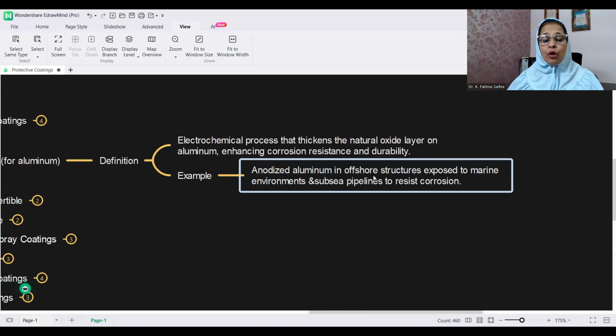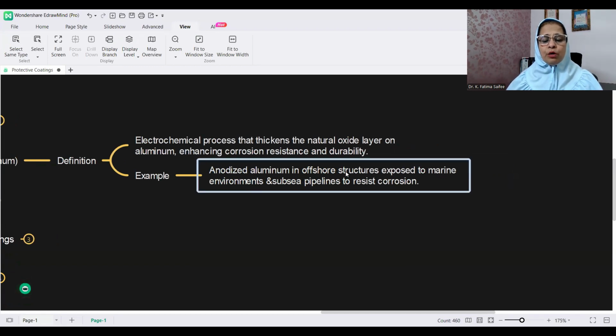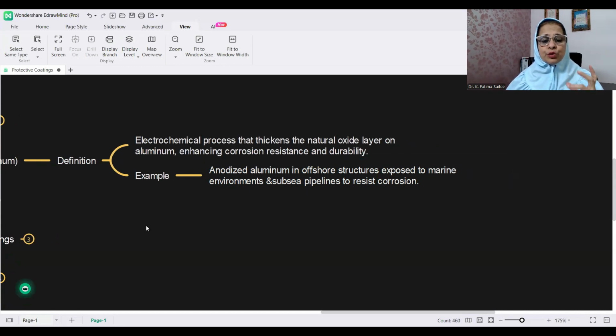Example: anodized aluminum in offshore structures exposed to marine environments and subsea pipelines to resist corrosion. Anodized aluminum helps protect offshore structures because aluminum is a very strong metal.